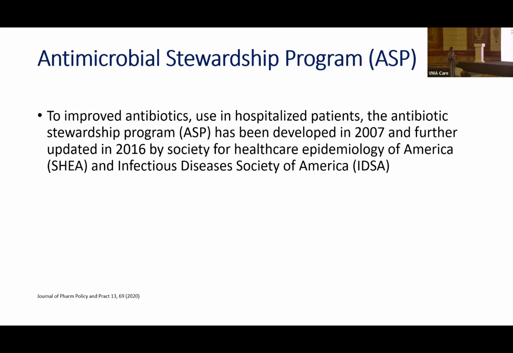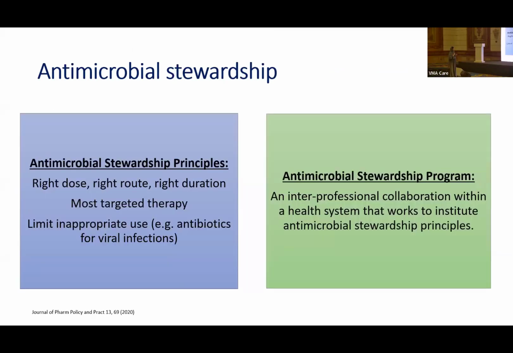The antimicrobial stewardship program is something that started in 2007 through guidelines published by the IDSA, and then it was updated in 2016. It's a collaborative effort to make sure that there are some principles that we need to follow. The principles of ASP are having the right dose, right route, right duration, right indication, and the most targeted antimicrobial.